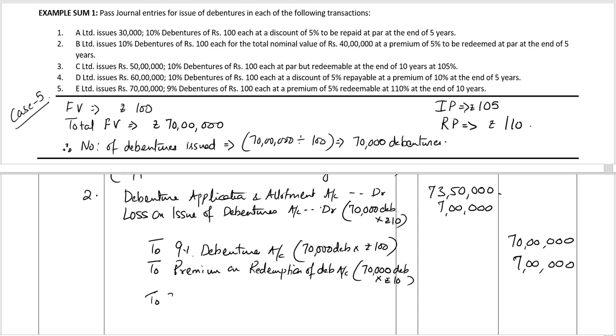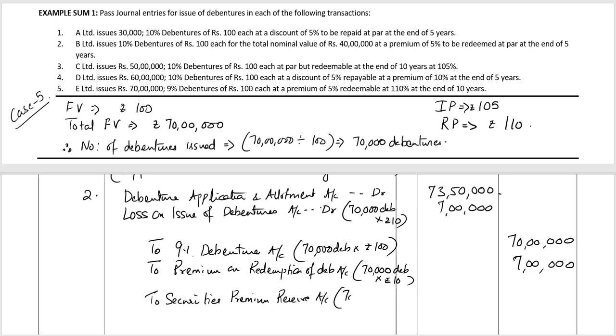And to securities premium reserve account, 70,000 debentures multiplied by the premium on the issue of debentures, which is rupees 5 per debenture, comes up to 3,50,000 rupees.